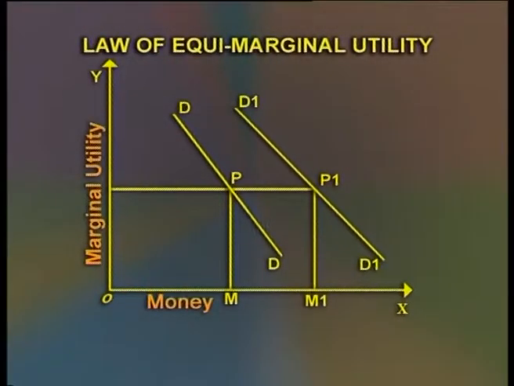This graph explains to you clearly that once a consumer reaches a point where the marginal utilities from the various commodities that he consumes are equalized, then he should stop, or he should be at equilibrium. That is because that is where he maximizes his satisfaction.